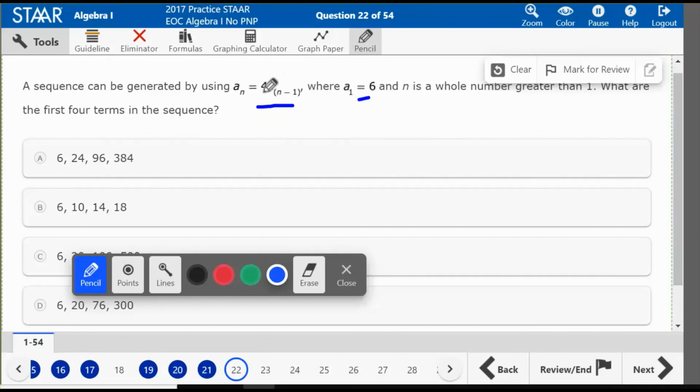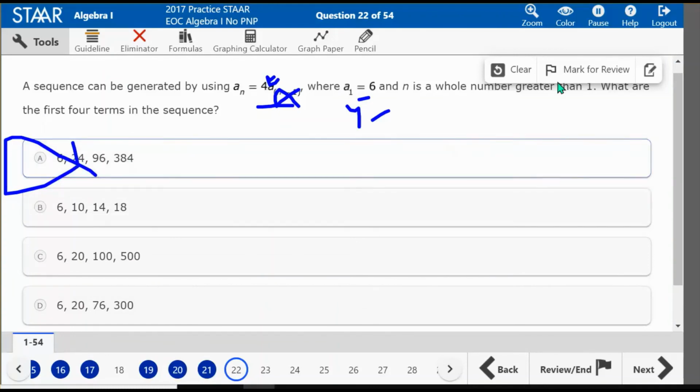Basically, when it's like this, you just substitute your a sub 1 value into the equation and you get your answer. Just don't worry about the n minus 1 part. Do 4 times 6, then 24 times 4, and the next value times 4, and so on. So we can see our answer is A. Let me press close and click it.